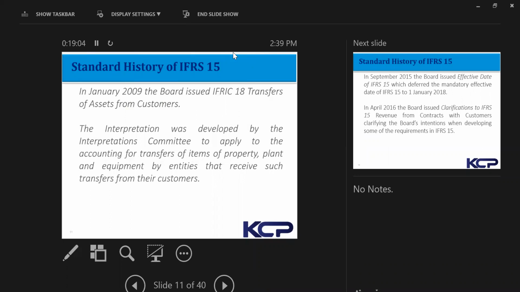In July 2009, the board issued IFRIC 18, Transfers of Assets from Customers. This interpretation was developed by the Interpretations Committee to apply to the accounting for transfers of items of PPE by entities that receive such transfers from their customers.